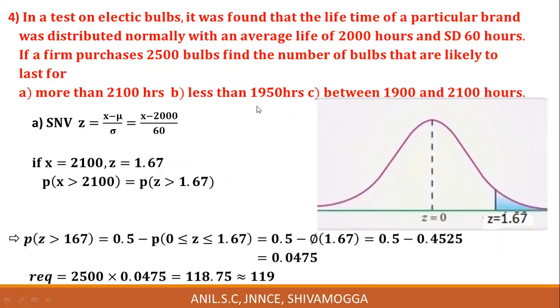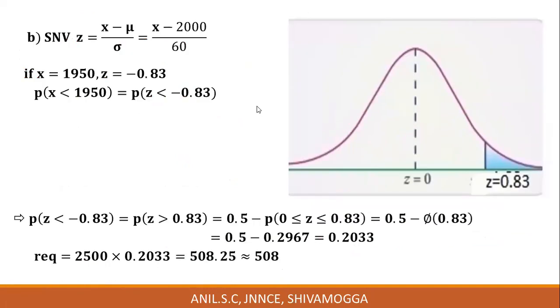Next, second case, less than 1950 hours. Z remains the same. Z is equal to x minus 2000 divided by 60. Now, what is required? P where x is less than 1950 is to be determined.